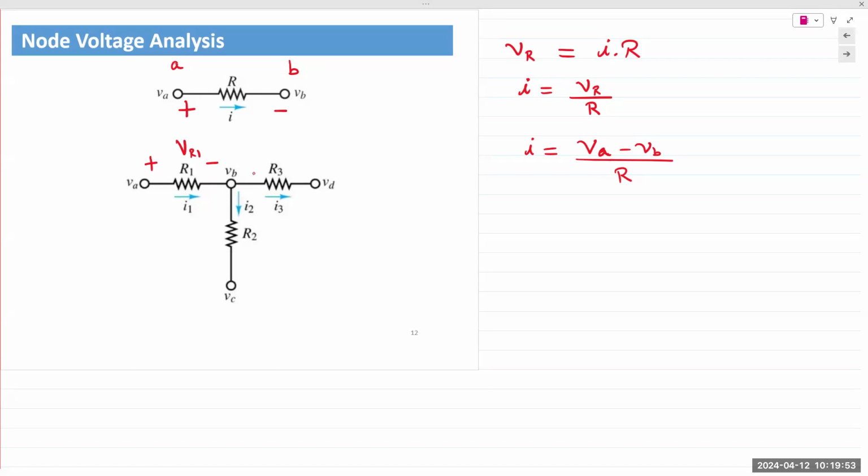Which end is higher, B or C? B, because current's going from B to C. And then how about I3? B higher or D higher? B. Minus. Let's call this VR3. We'll call this VR2.